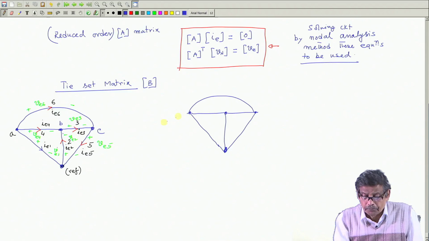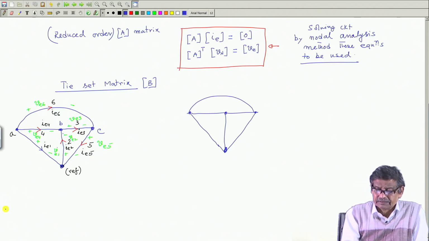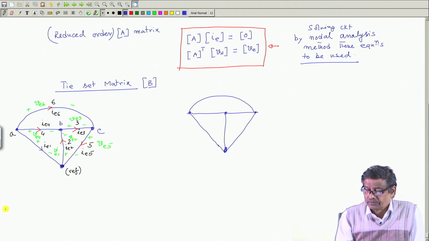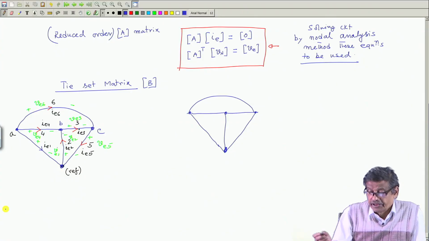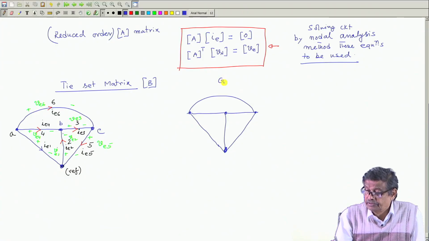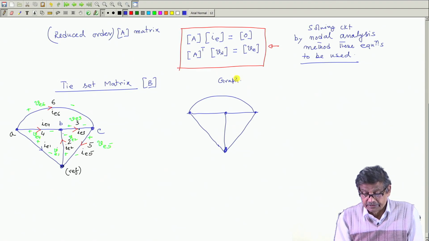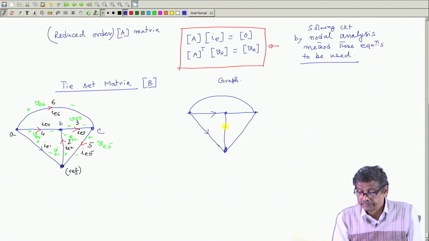I do not want to put all these variable names here to understand what a tree is of a graph. So, this is the graph of the network and it was directed graph. So, you can put the arrows like this, the way it has been assumed in the original circuit.